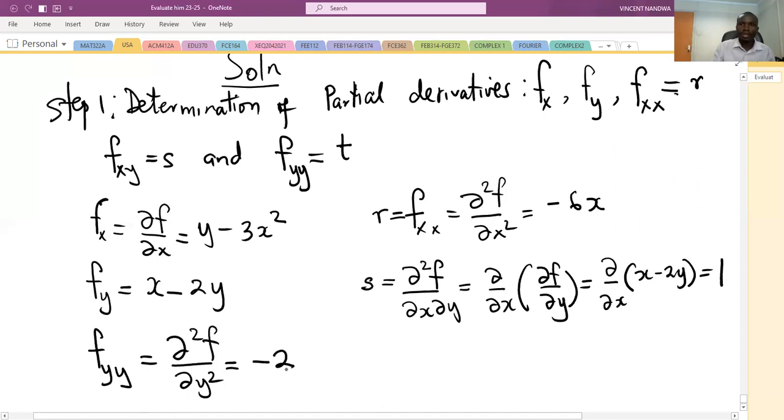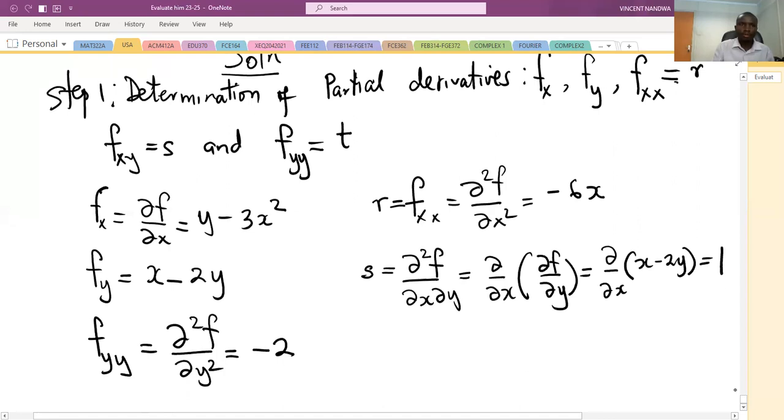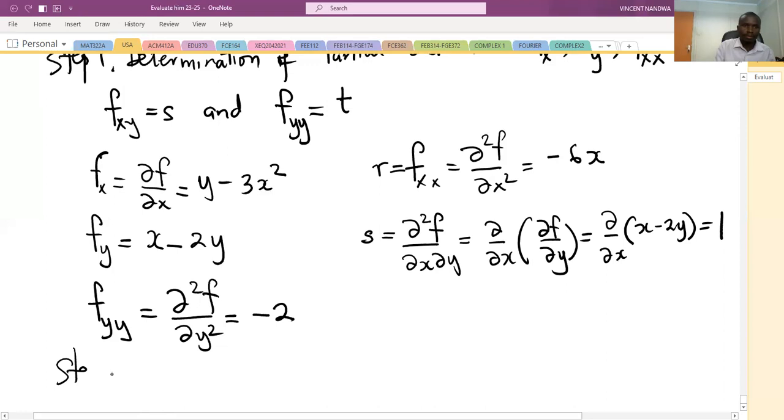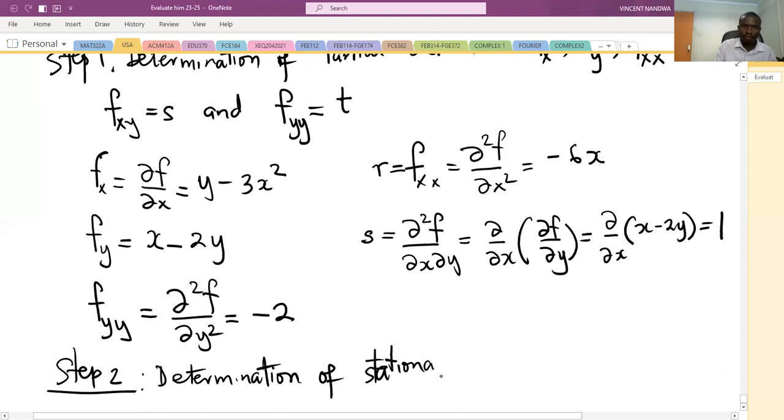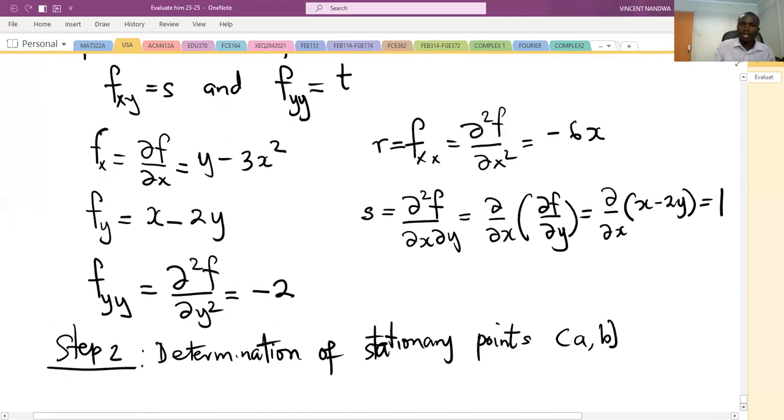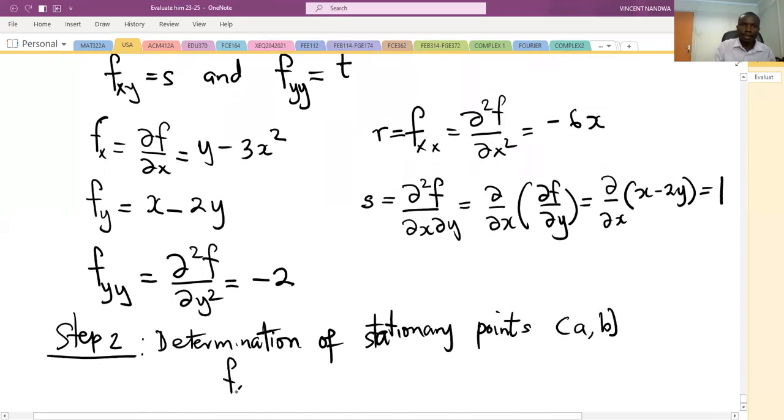Step 2 is now to find the stationary points. So step 2, determination of stationary or critical points. Stationary points are obtained by equating fx to 0 and fy to 0.